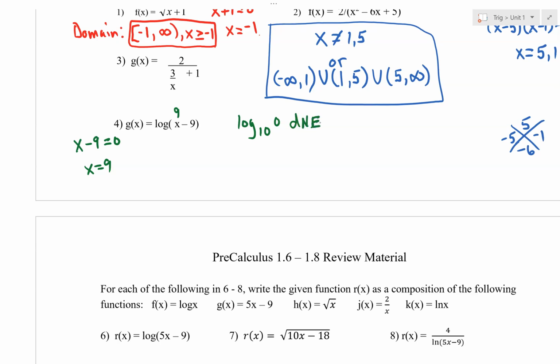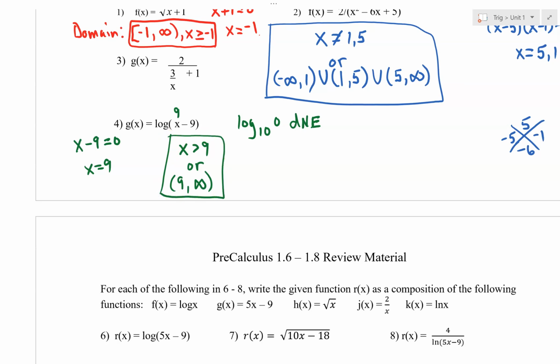So, since this does not exist, we can't actually use 9. But could we use something slightly bigger than 9? Well, as long as it comes out to be a positive value, the answer is yes. So for this one, either x has to be greater than 9, or in interval notation, 9 to infinity, and we are not including the 9.